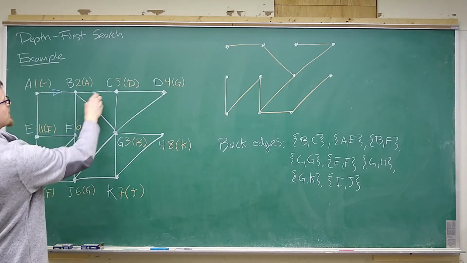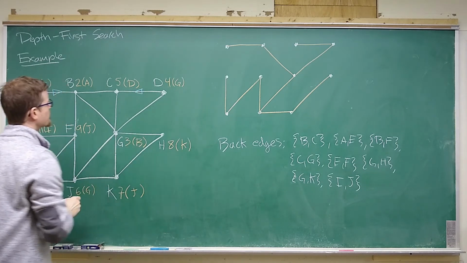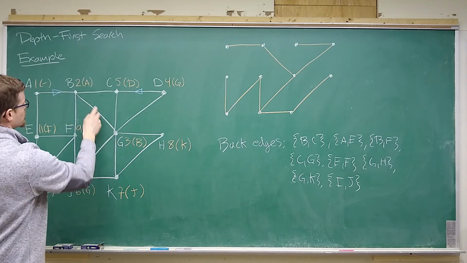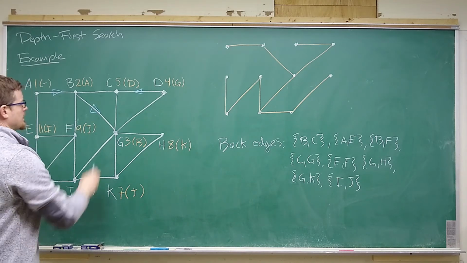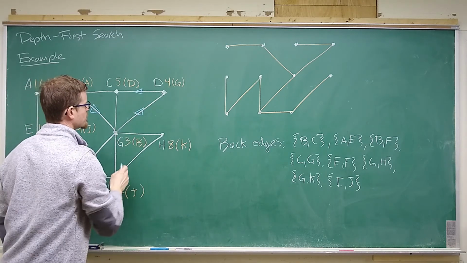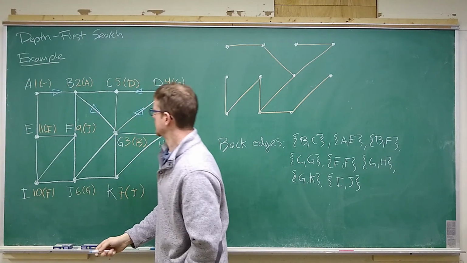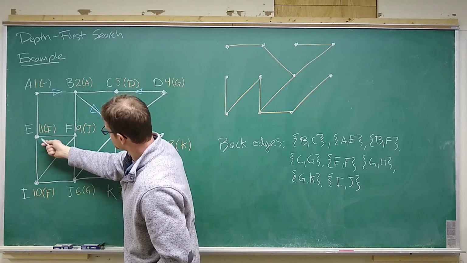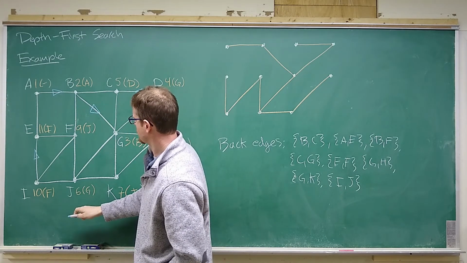Let's see here. This edge is not used, that edge is, but the direction is this way. This edge, 2 to 3, so we can connect using that direction. And then this edge, 3 to 4, we would use this direction. This horizontal is not used, that one's not used. This one, 10 to 11, would go that direction.